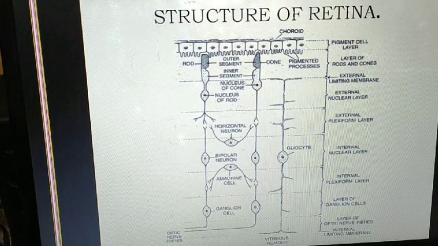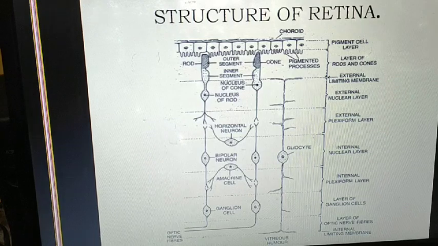The cells have brown pigment, a nucleus and processes of the cells. They also have phagocytic and ion transport properties. This layer helps in rejuvenation of bleached cells and storage of vitamin A.